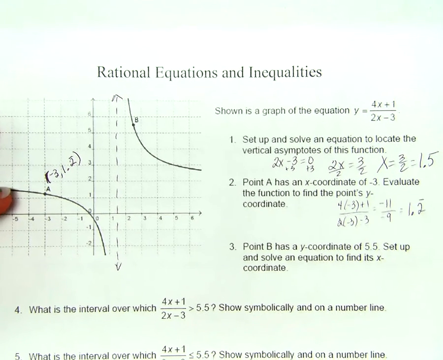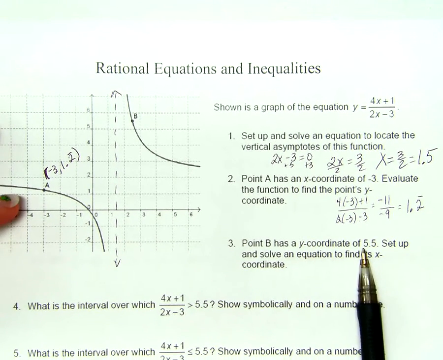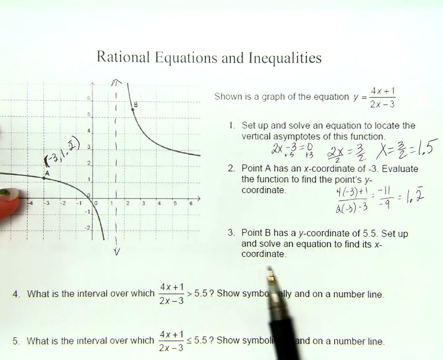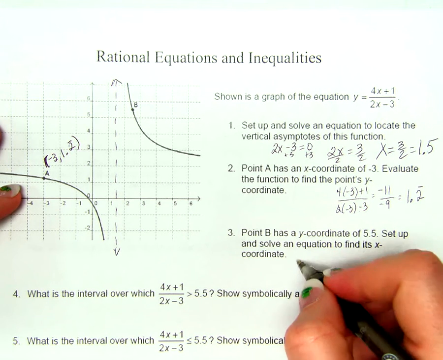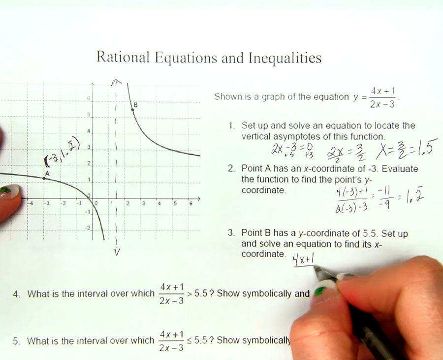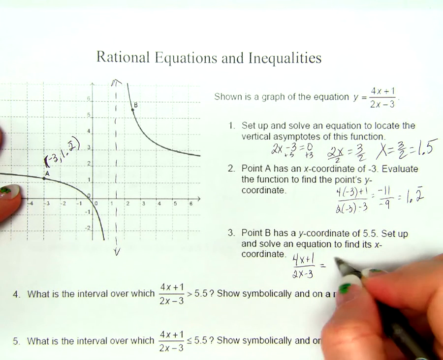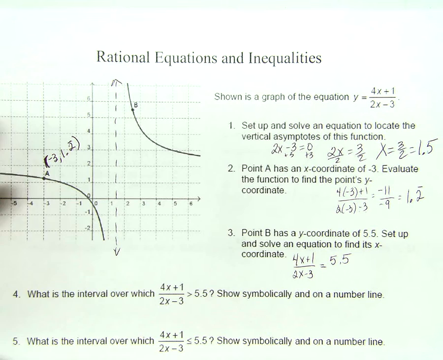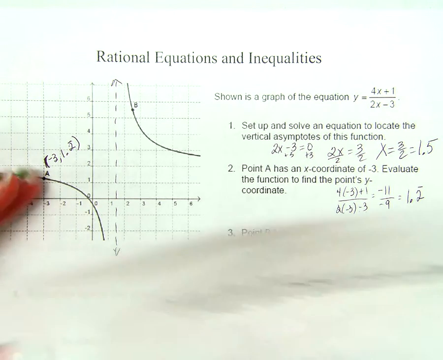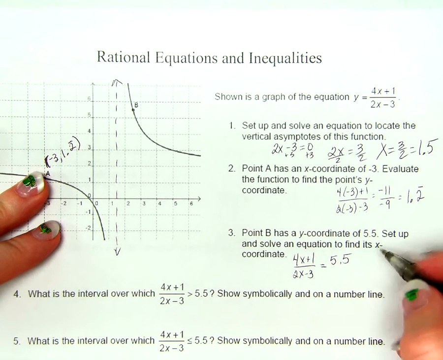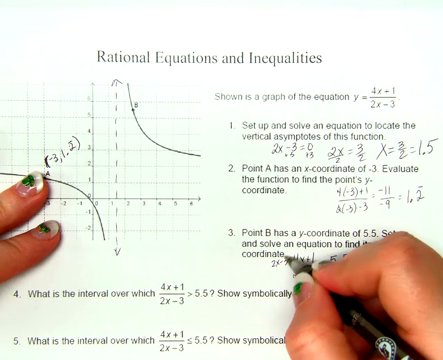Point B has a y-coordinate this time, of 5.5. Set up and solve an equation to find its x-coordinate. What's that going to look like? 4x plus 1 over 2x minus 3 equals 5.5, right? Now this is a lot like the problem on the previous page. Multiply both sides by 2x minus 3.